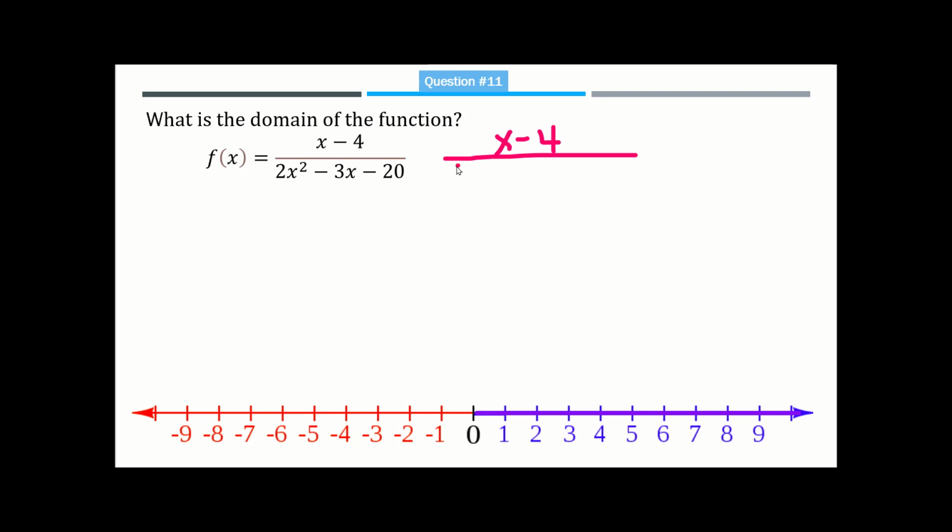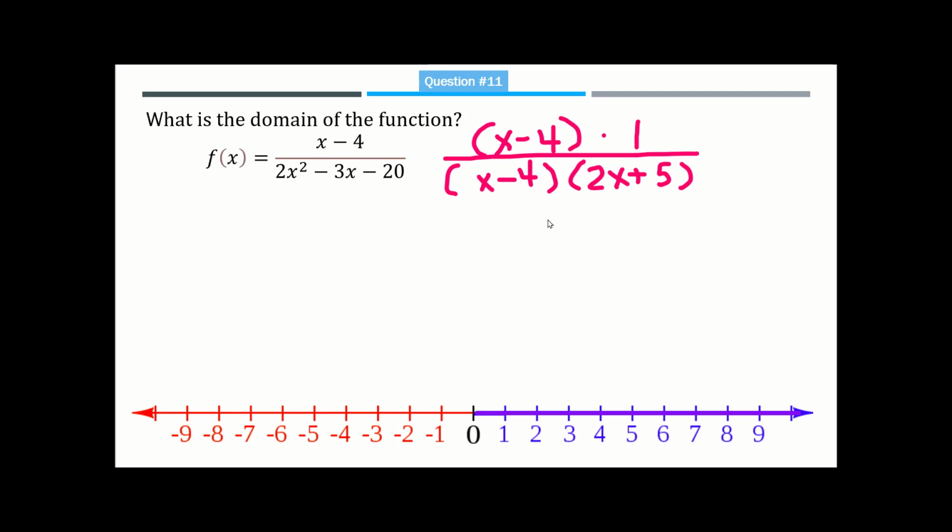All right, so if we factor this denominator into x minus 4 times 2x plus 5. Okay, so I can see that I have a factor that's the same as the numerator.